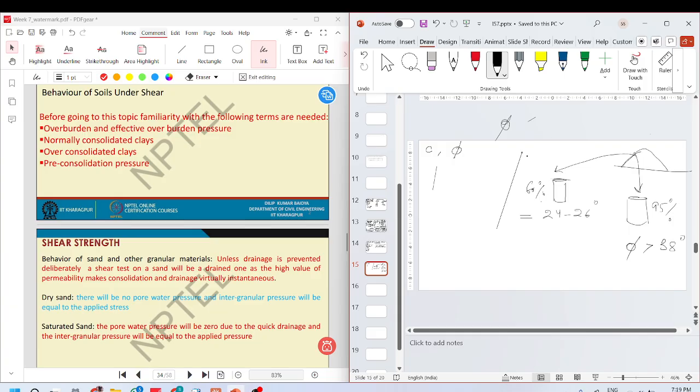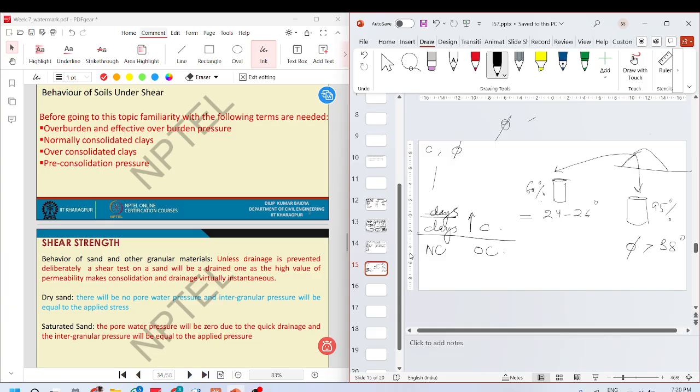Okay, same is the case with clays. We say that clays have high cohesion, isn't it? But this also depends upon if it is normally consolidated or over consolidated.